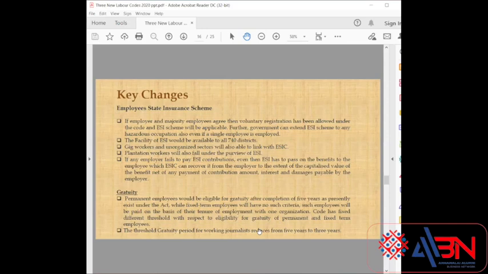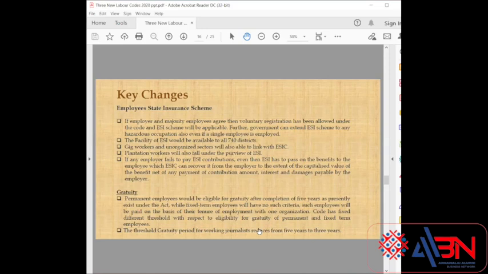Gratuity, as such, the threshold period of gratuity has been decreased, I would say, for some workers to 1 year. That is the fixed term employee. Even after working for 1 year, they are able to get the gratuity benefits. The newspaper journalists, working journalists, have also been included in this scheme.